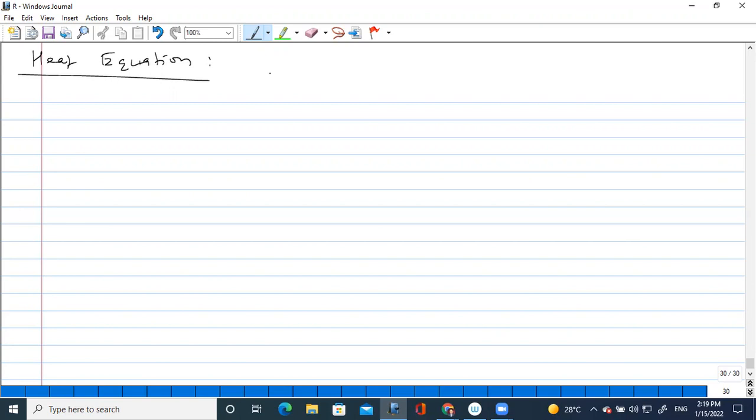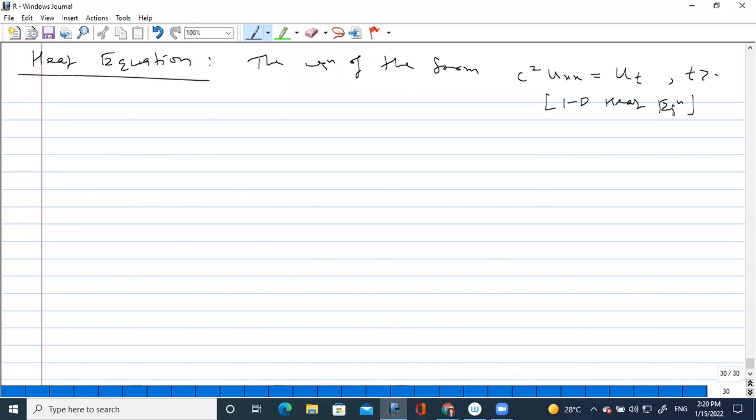The heat equation is an equation of the form c square uxx equal to ut. So this is the one dimensional heat equation. Here the t value is positive.